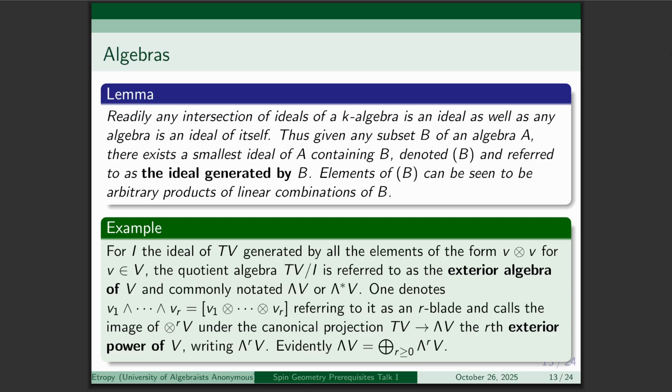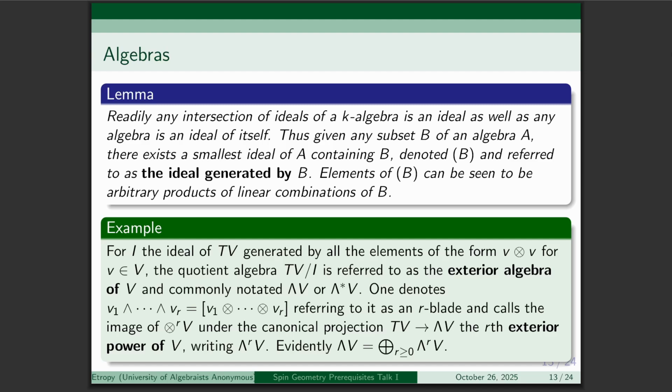Since the image of a linear subspace is a linear subspace, we know that these are vector spaces. And we can note that, because things work out with direct sums, the exterior algebra is a direct sum of these exterior powers of a vector space. So this gives us a separate notion to investigate, in analogy with tensor algebras.